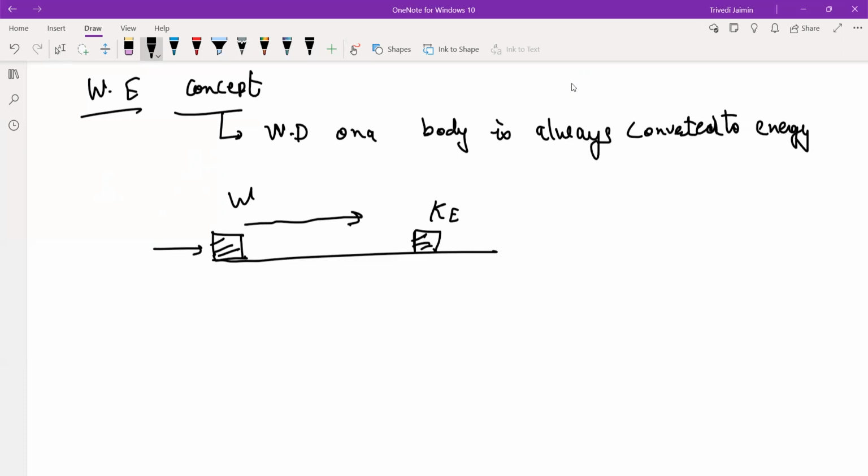Now, this will happen when there is an unbalanced force. If it is a balanced force, this object will not move. If you want an example, just push that wall which is beside you.